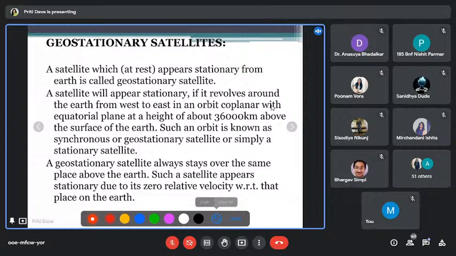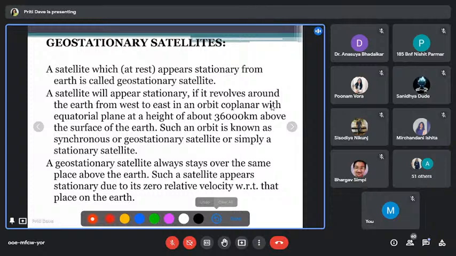Now, a satellite which is at rest or appears, actually it is not at rest, but it looks as if it is at rest, is called a geostationary satellite. Geo is Earth, stationary means at rest. So, a satellite which appears to be at rest from the Earth is known as a geostationary satellite.